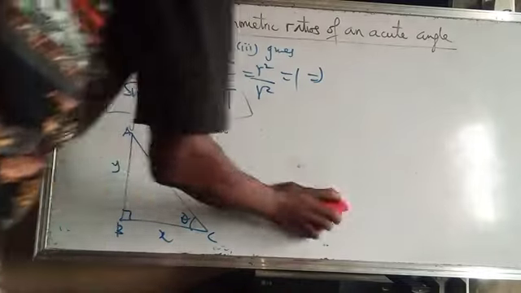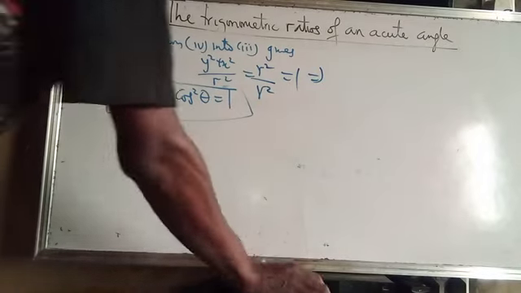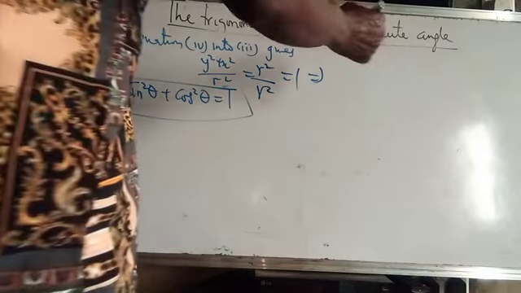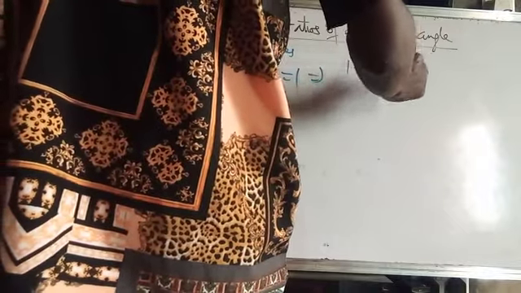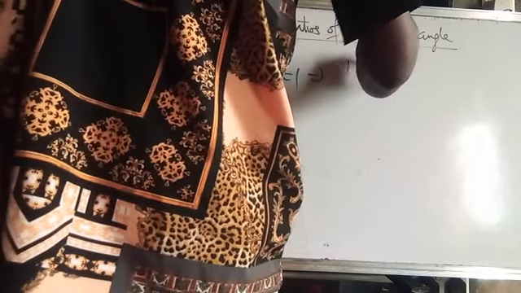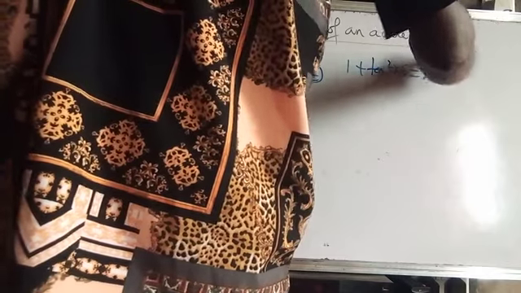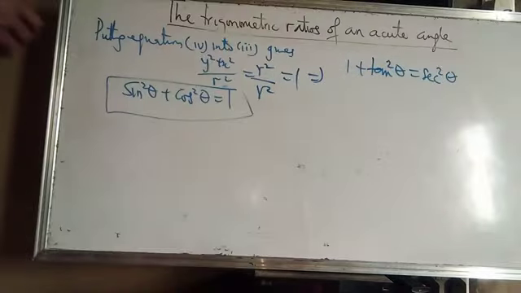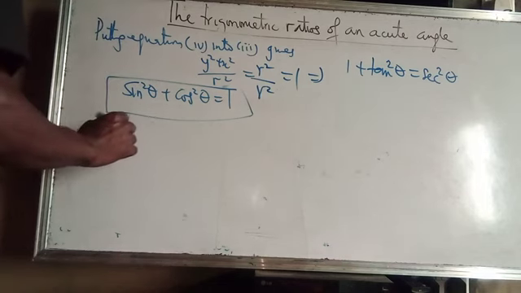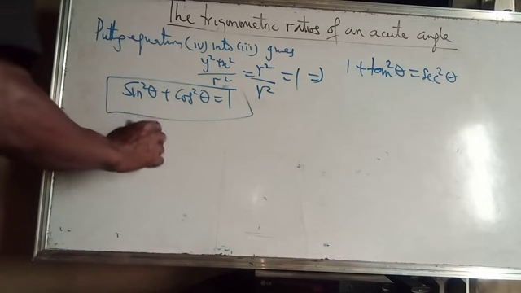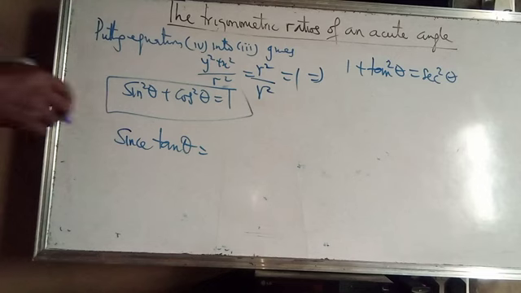We can also have other identities, like 1 plus tan squared theta equals sec squared theta. Is that possible? Let's check. Recall that tan theta equals y over x.